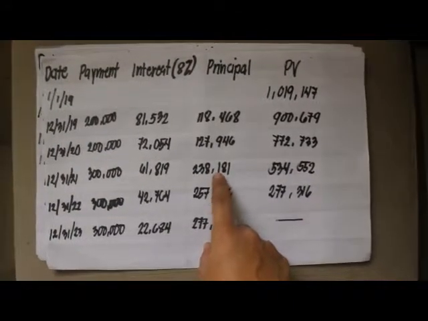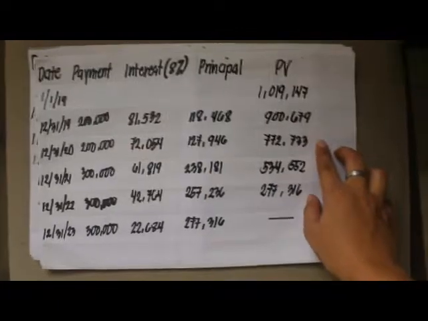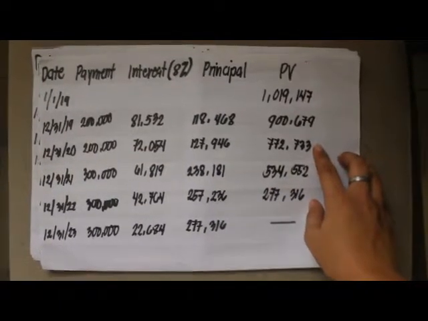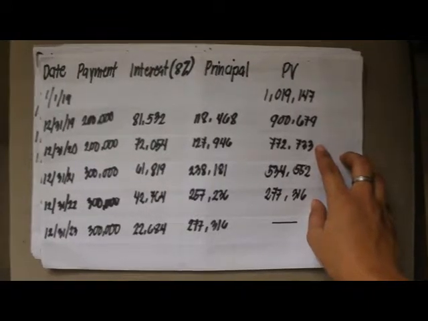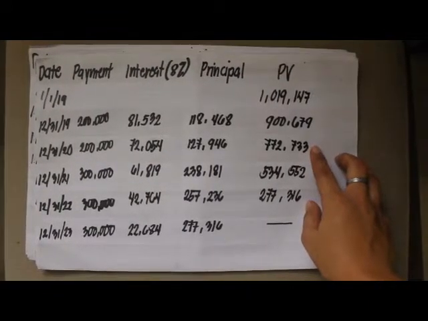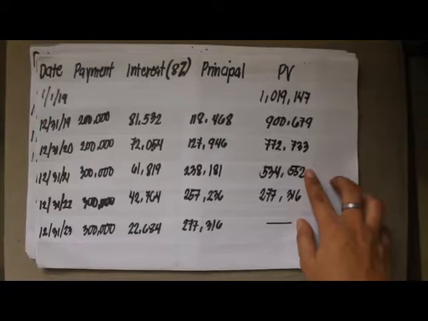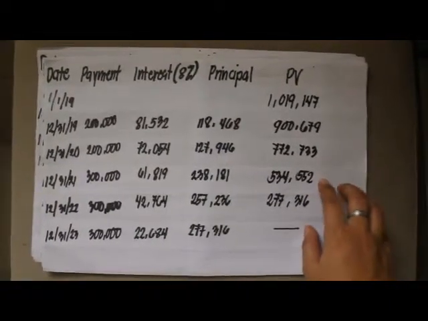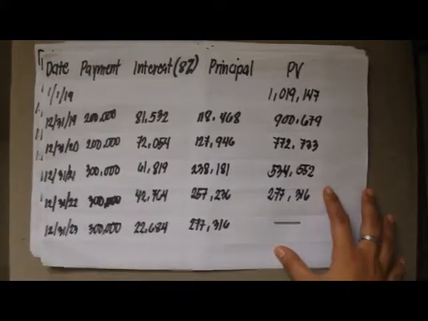Then i-minus lang ulit to sa ating present value na 772,733 para makuha ang ating current present value as of December 31, 2021 na 534,552. Ulitin lang ulit ang process para mabuo natin ang ating amortization table.